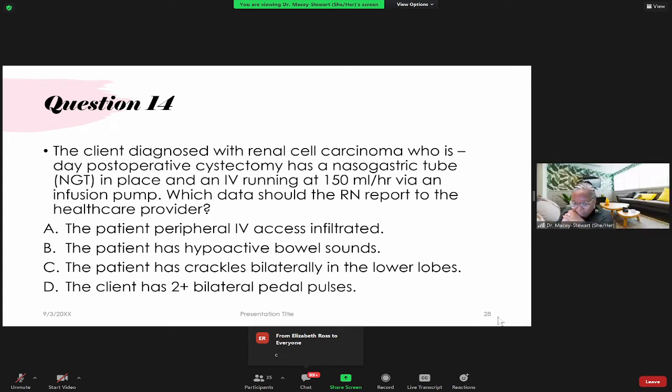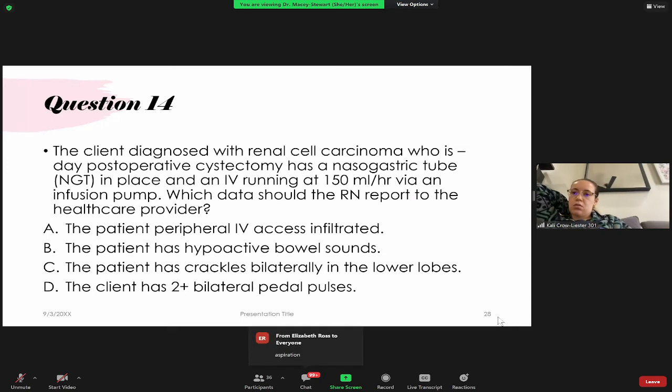Aubrey got it. So why are you concerned with crackles? Fluid excess. Right. They have the NG tube, but then you have fluid going at 150.